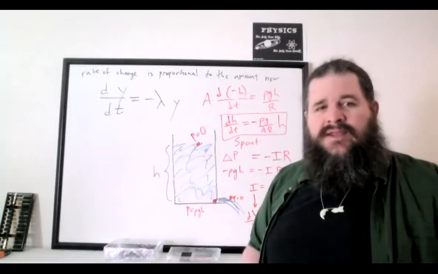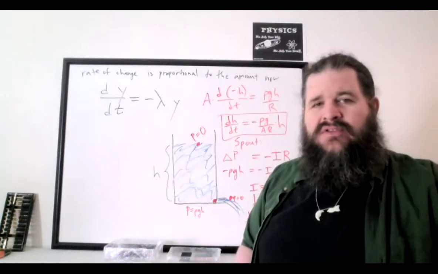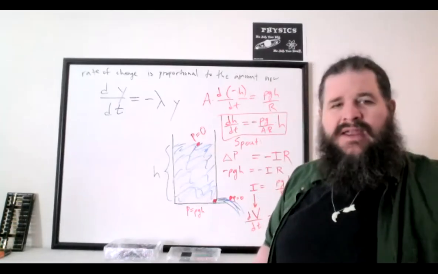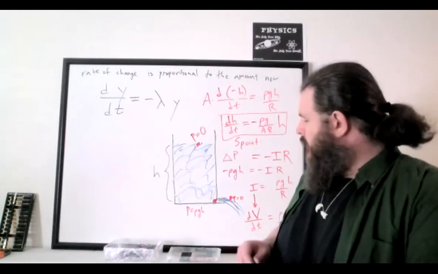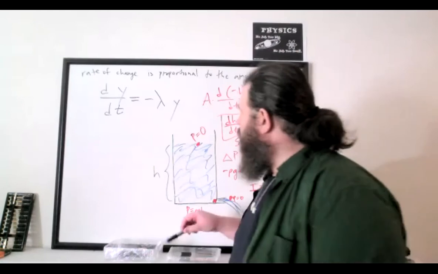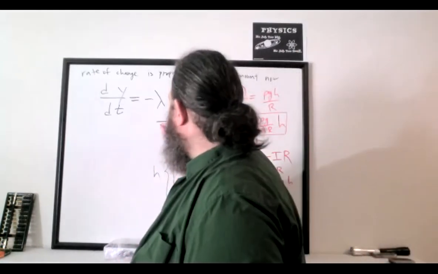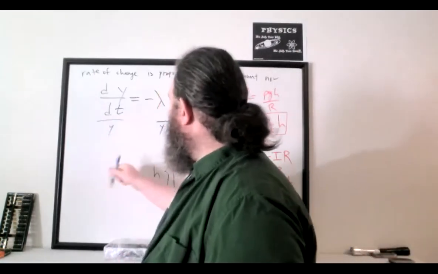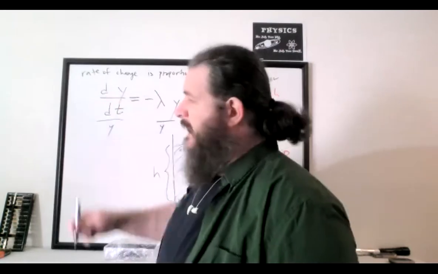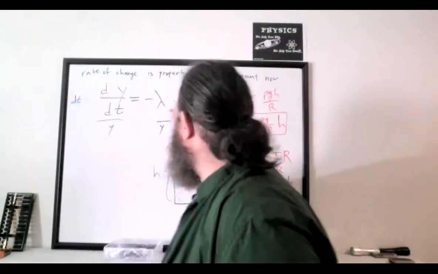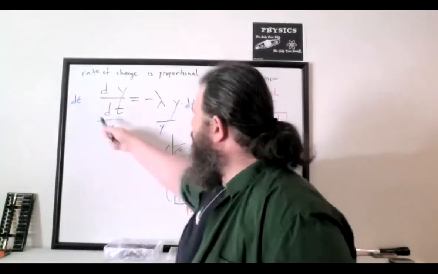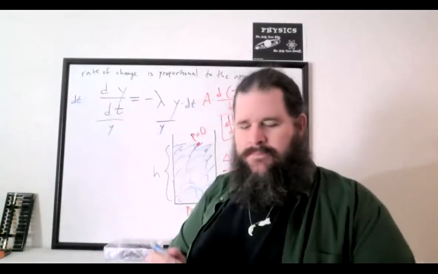But what we can do is this idea of separating the variables. The separation of variables involves moving everything with a y to one side and everything with a t to the other side. So what we're going to do is divide both sides by y to get the y to the side with the dy in it, and also multiply both sides by dt. That cancels out the dt in the denominator.